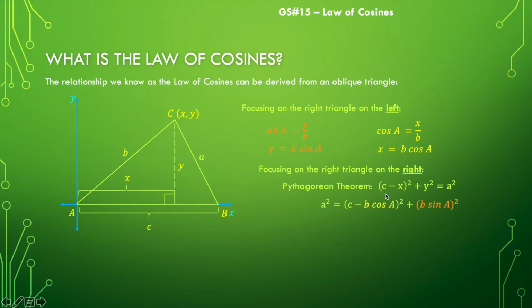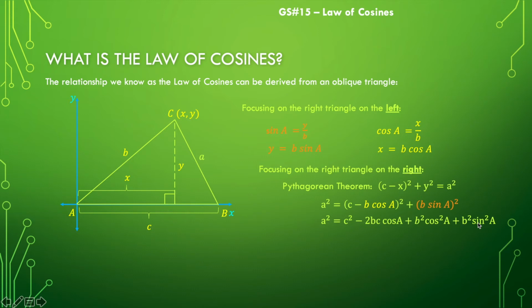Okay, so when we square this expression, notice it's a binomial, so you're going to have to think of it as c minus b cosine A times c minus b cosine A. And when we expand that, we will get c squared minus 2bc cosine A plus b squared times cosine squared of A. And then this last piece is this last expression squared, where we square the b and we square the sine of A: b squared sine squared of A.